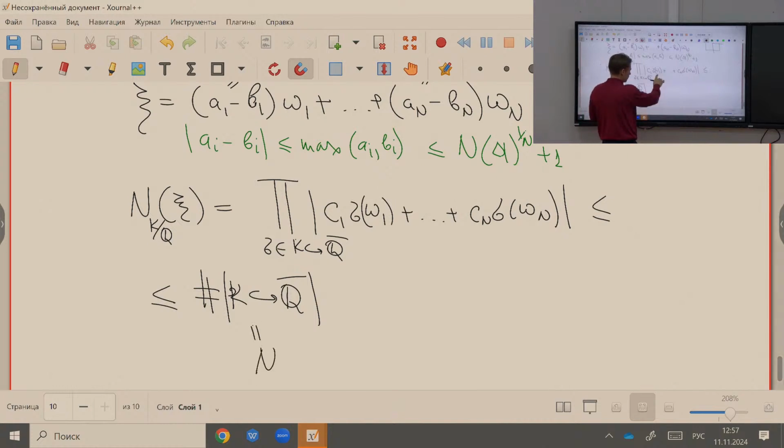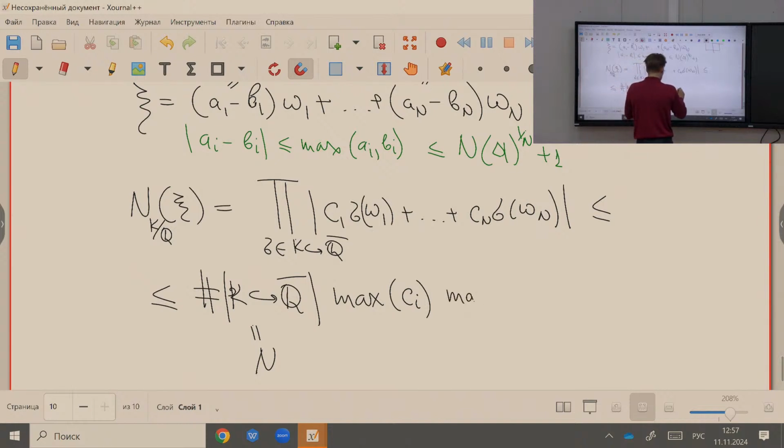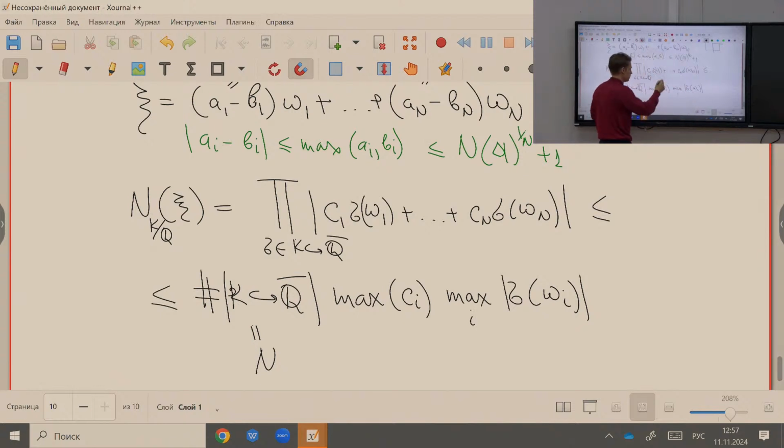Then this is the Euclidean norm, so you bound it by the maximum of the coefficients and the maximum of sigma of omega_i. But this number is just a universal constant.